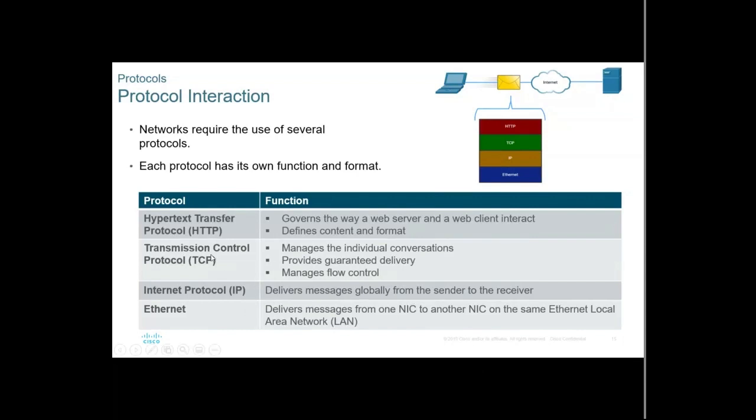There's the transmission control or TCP layer, and this is where your error checking, guarantee of delivery, and flow control happen. And then there's the application layer, which in this example is HTTP. Anyone know what that means? What's HTTP?